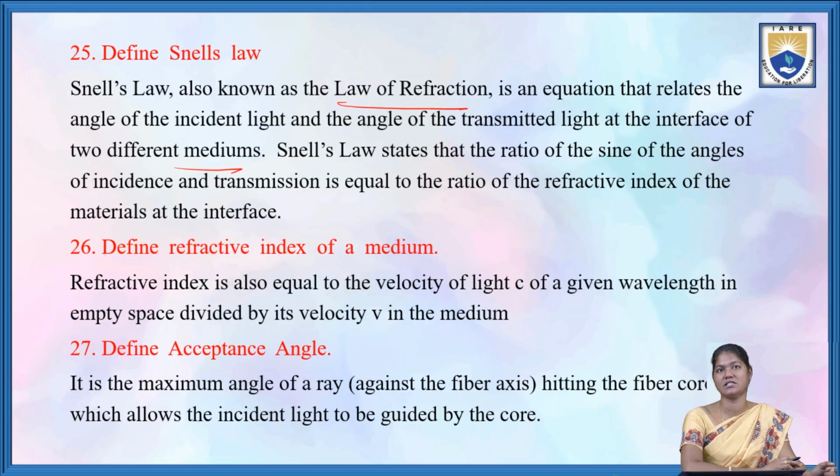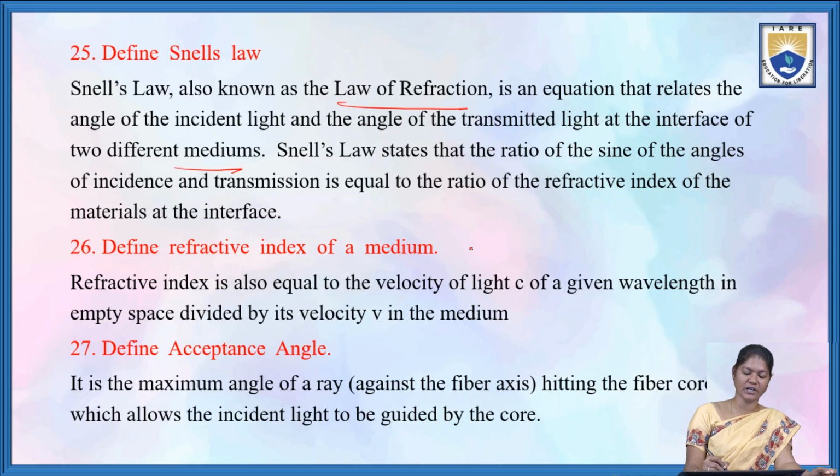So sin i by sin r equals mu. What is this sin i by sin r? The angle of incident light and the angle of the transmitted light at the interface of two mediums, which is equal to the refractive index of the material.